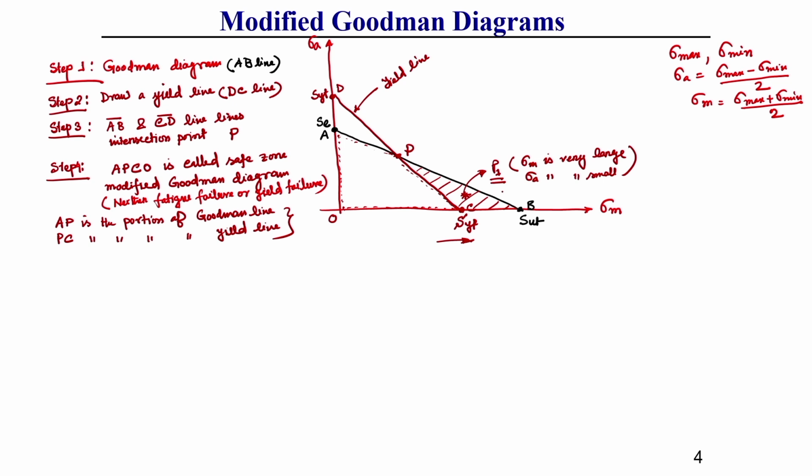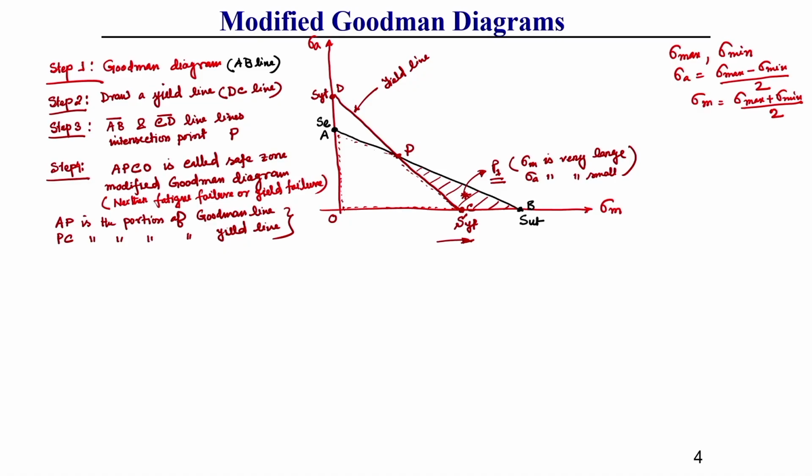Why does this modified Goodman diagram come into picture? Because if the point comes outside this PC zone, that means the yield line zone, then it will fail, but according to the Goodman line it is safe. Once something fails due to yielding, the safety related to fatigue is generally not considered there.